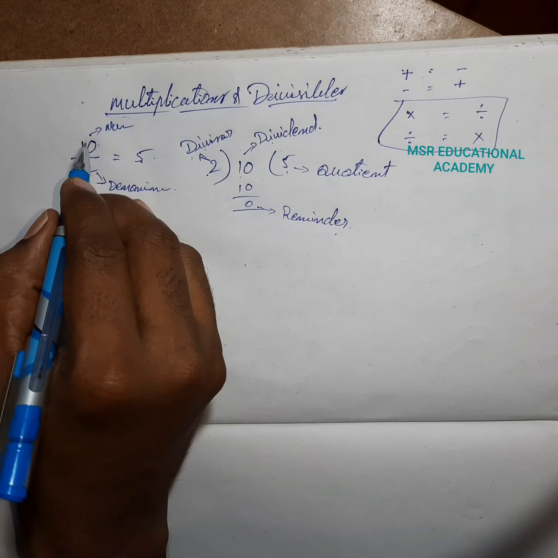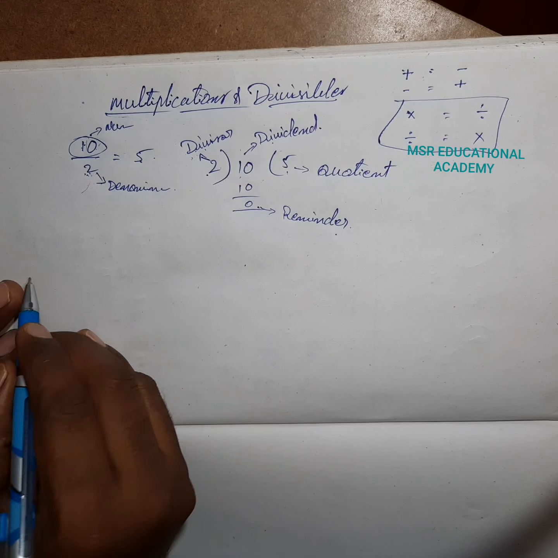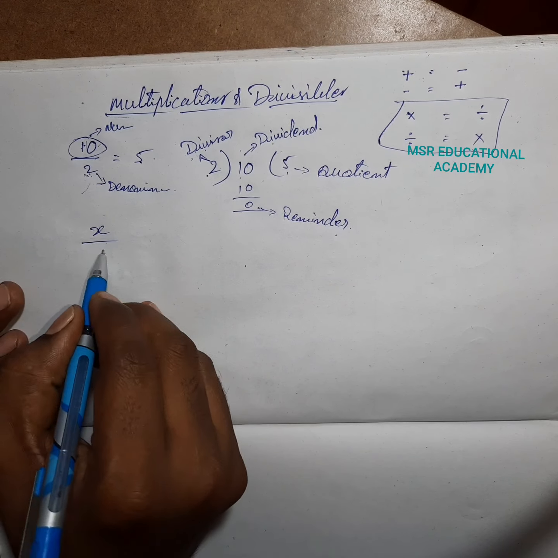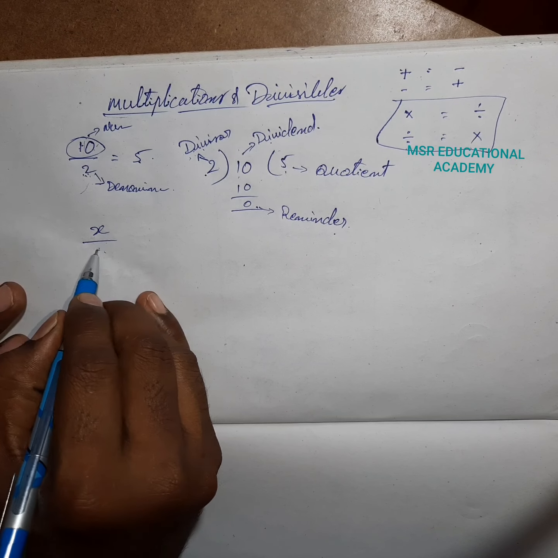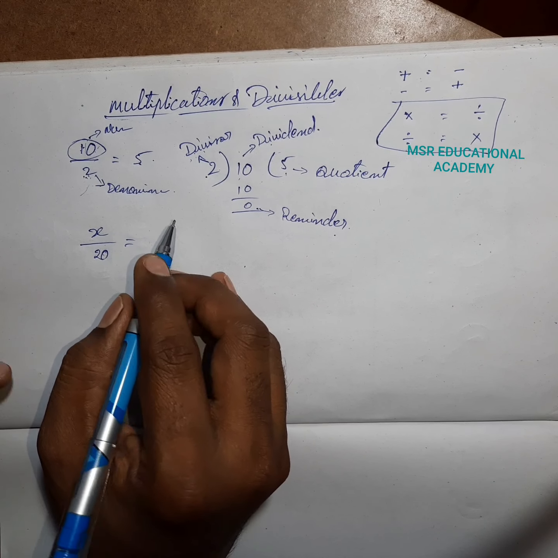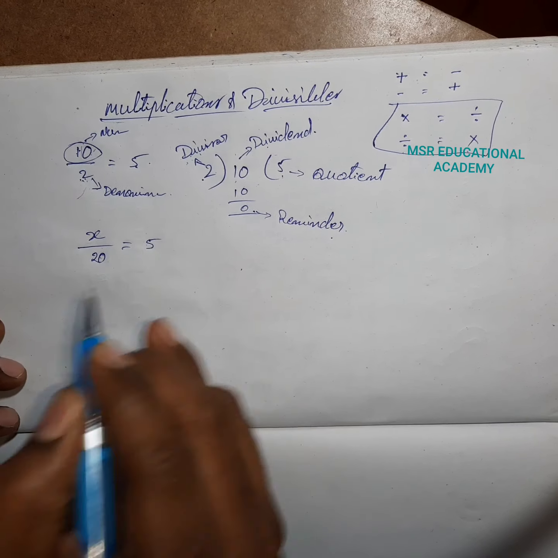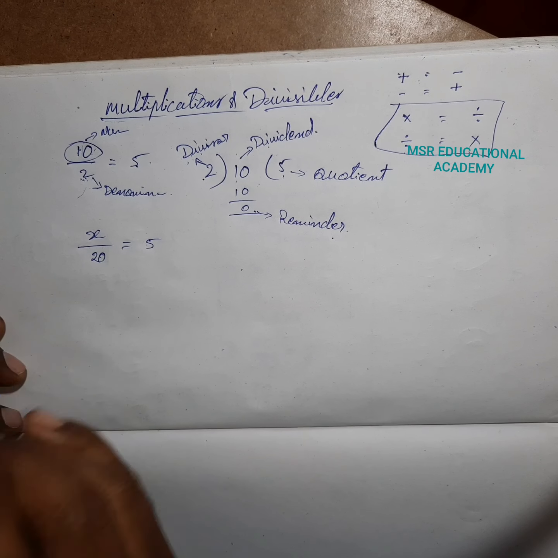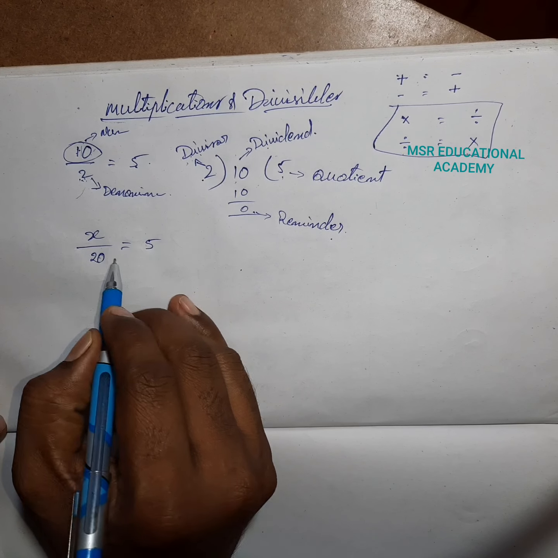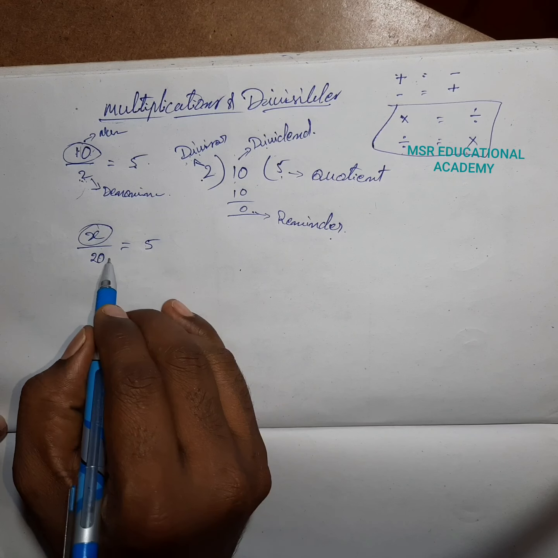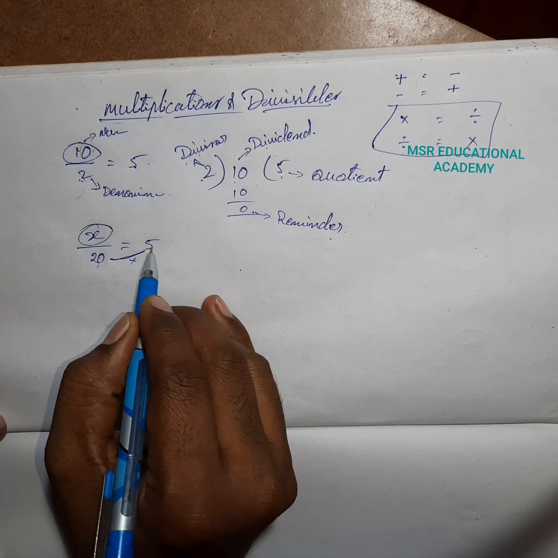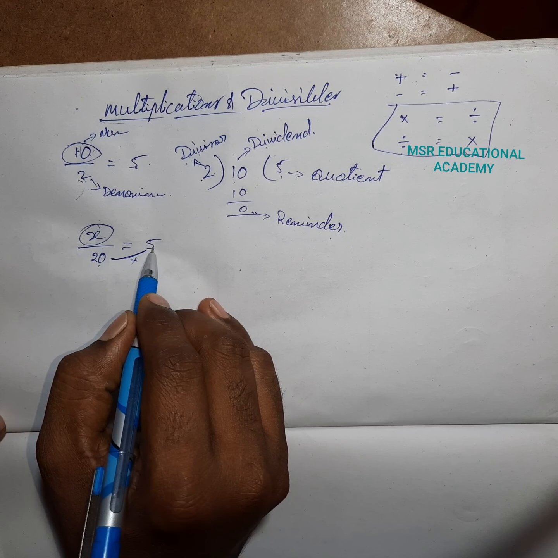For example, if you don't know the numerator: x divided by 20 which is equal to 5. To compute x, you should multiply the denominator value and the quotient value.